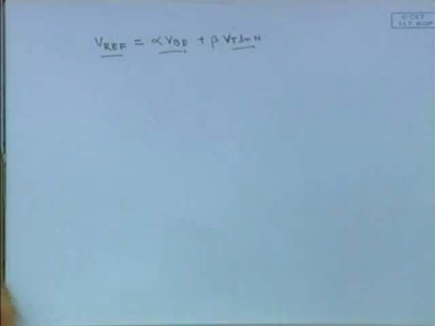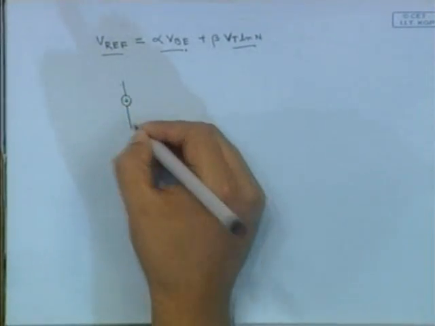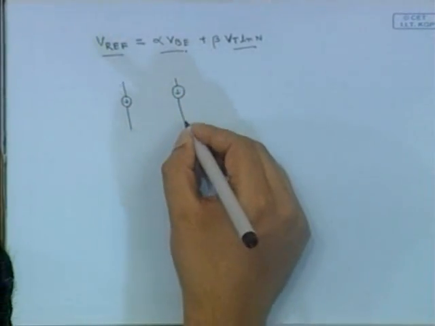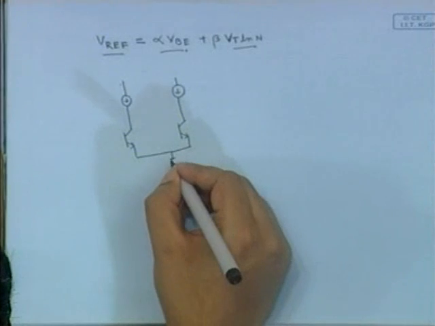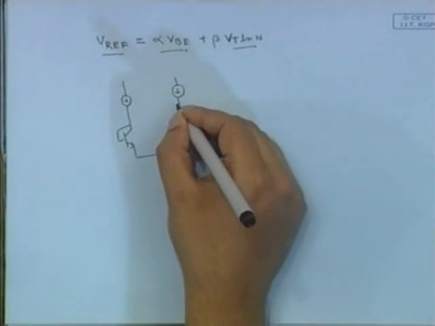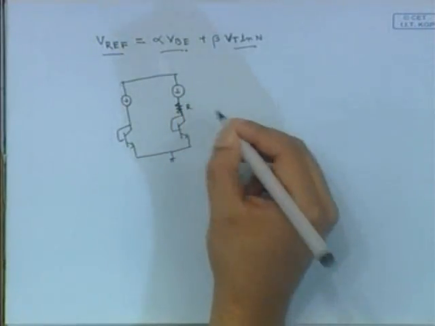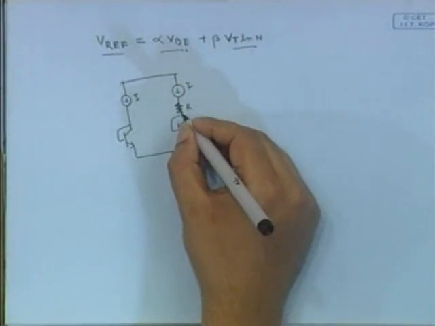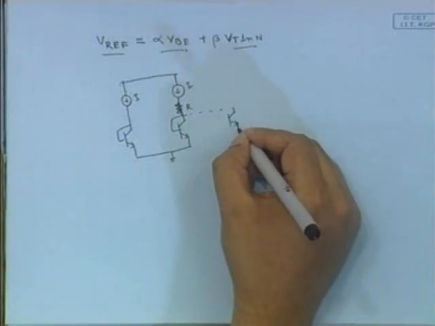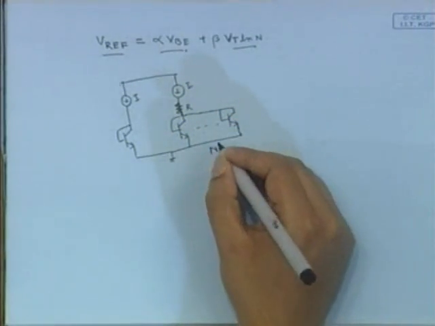Here is a circuit, for example. Let it be R, and they are operating under the same bias current, and you go on adding n number of devices in parallel.